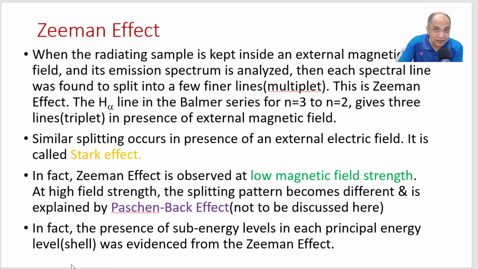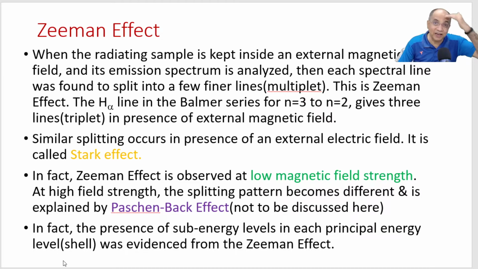And in fact, during the time of Bohr, when splitting of spectral line occurred in presence of external magnetic field, Zeeman effect was recorded, was observed during the time of Bohr. Then Sommerfeld proposed that yes, each principal energy level is definitely associated with some sub-energy levels or subcells, right?